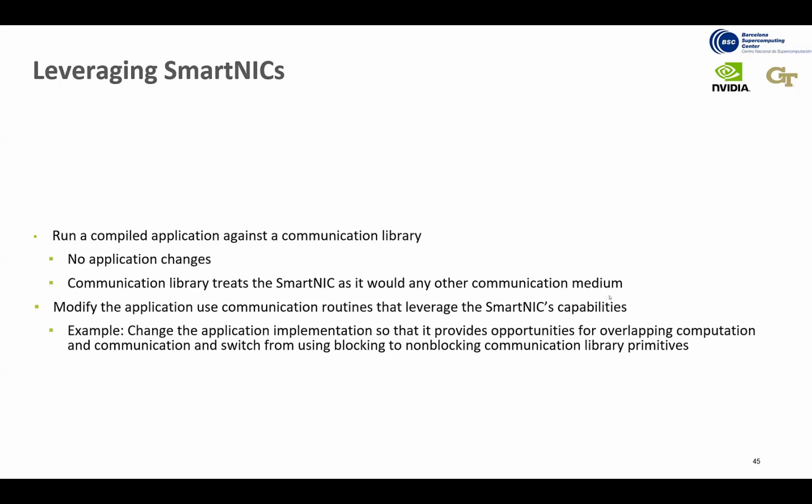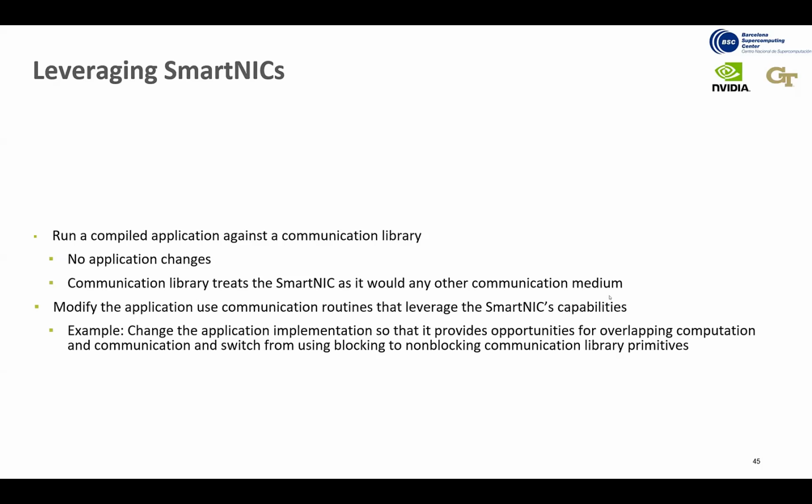I'll tell you more about that later. But basically, just make it completely transparent for the application. Your application will still call MPI collective, MPI point-to-point, and the libraries, not your application, will actually trigger the offload, and you will be able to benefit from that offload without any changes.